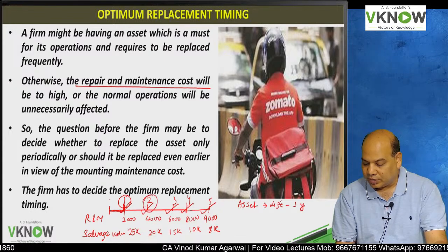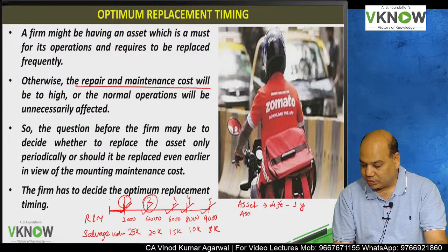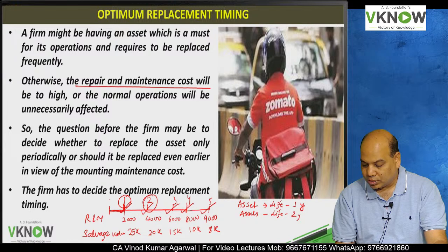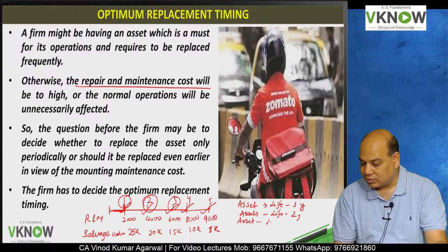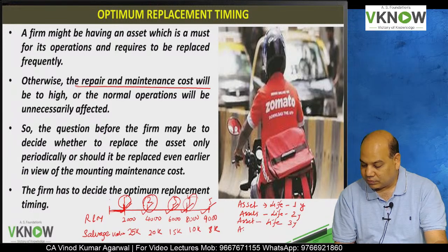If I replace every 2 years, it becomes an asset with life 2 years. If I replace every 3 years, it is equivalent to an asset with life 3 years. If I replace every 4 years, it is an asset with life 4 years.